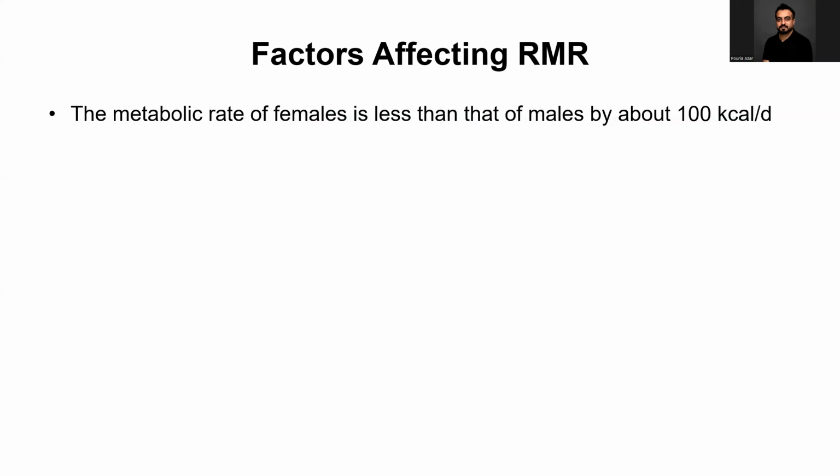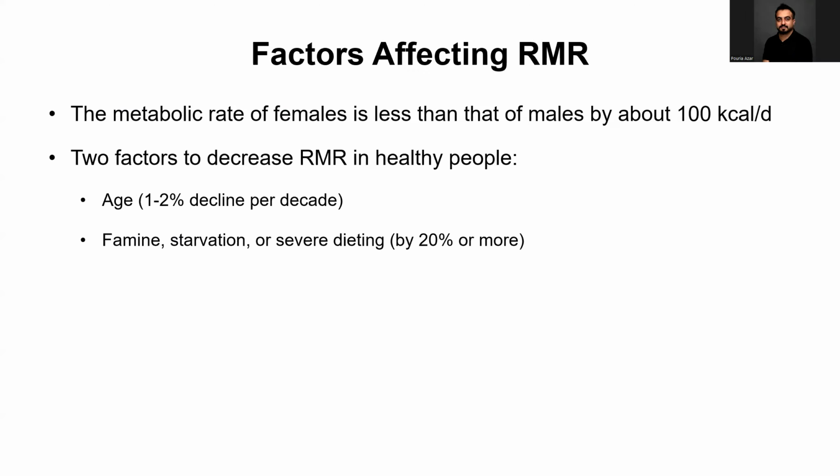And as I said, the metabolic rate of females is less than that of males by about 100 kilocalorie per day. And there are two factors to decrease resting metabolic rate in healthy people. Age is one.